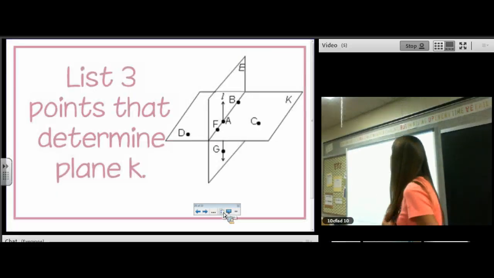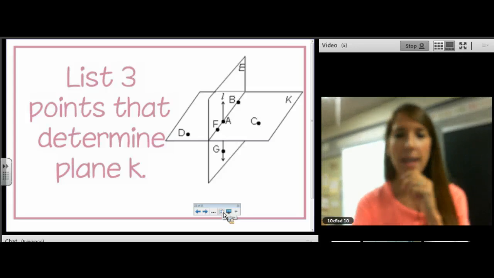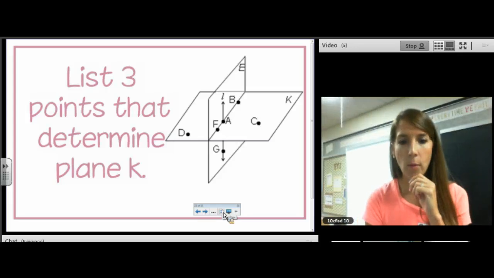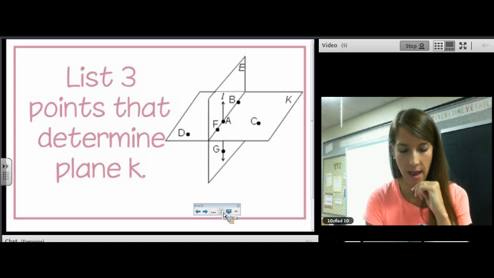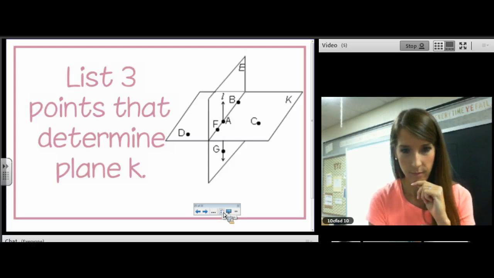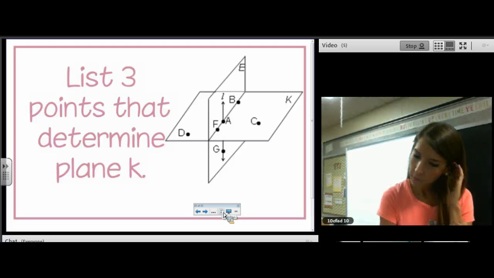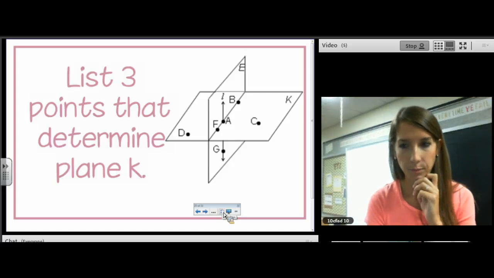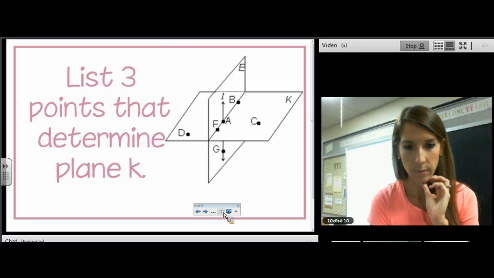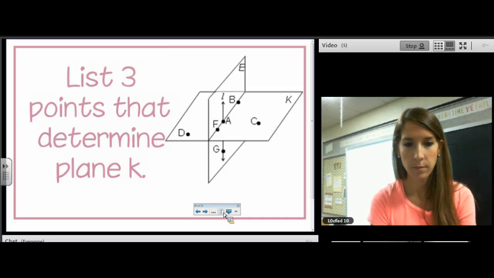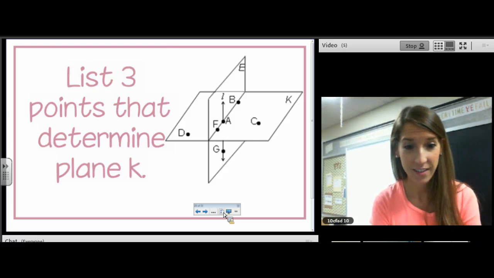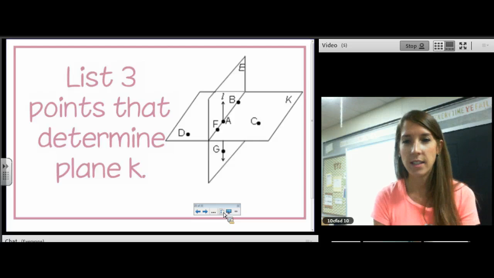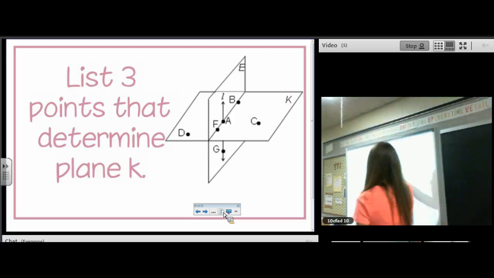List 3 points that determine plane K. Let's do Yoon from Truett. Okay, D, C, B. Very good, that'll work.